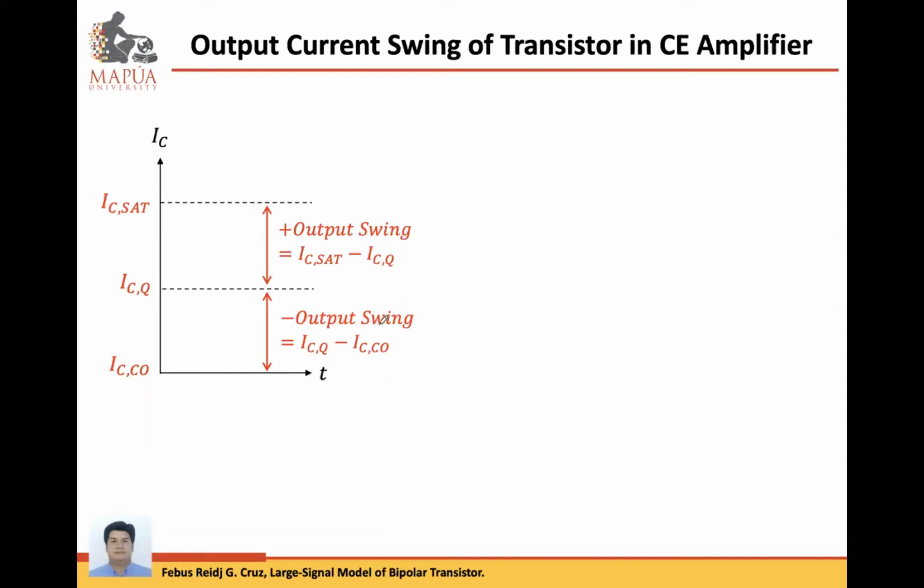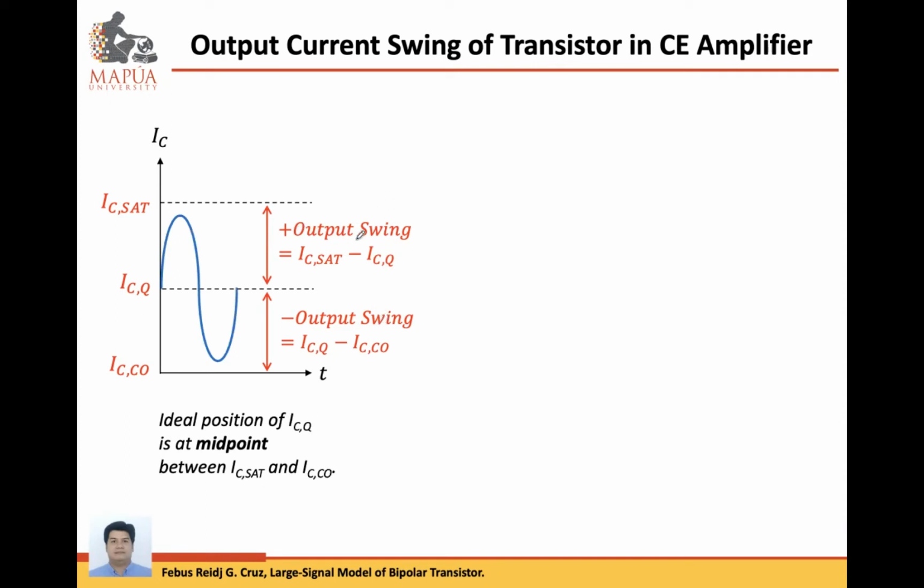So the output swing will tell us how much output we can have on the amplifier circuit. So for example, the output signal is a sine wave.